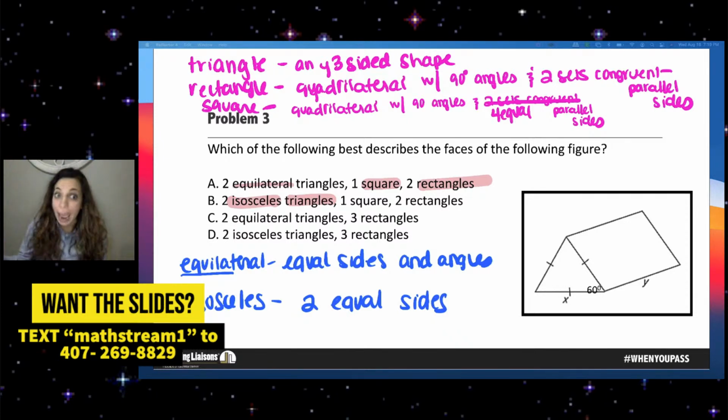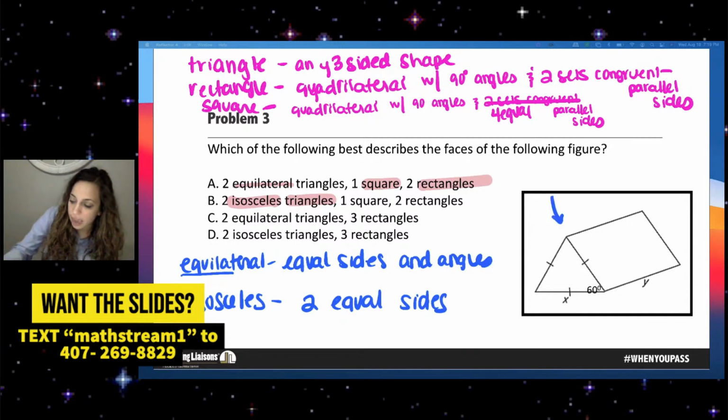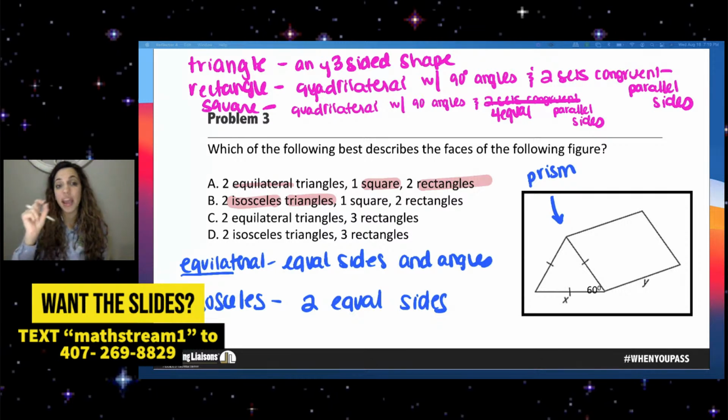So now let's go look at our shape and let's define the shape that we have. This is where a lot of people get confused. This right here is a prism. But we can compare prisms and pyramids.